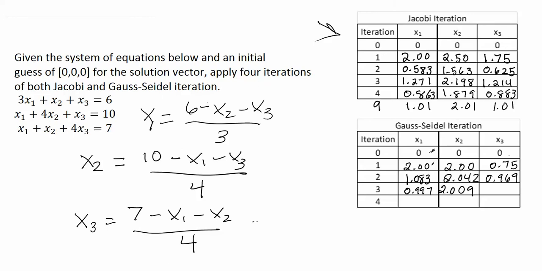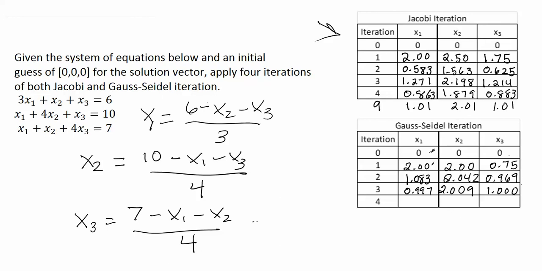Then I apply equation 3. 7 minus 0.997 minus 2.009 gives me an answer of 1.00. I'm now at about as many digits as I can copy into this table, getting very close to my answer.